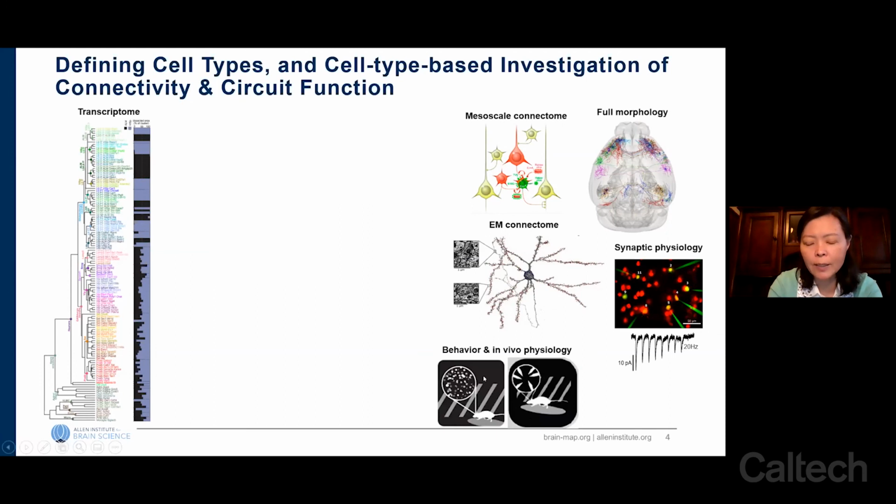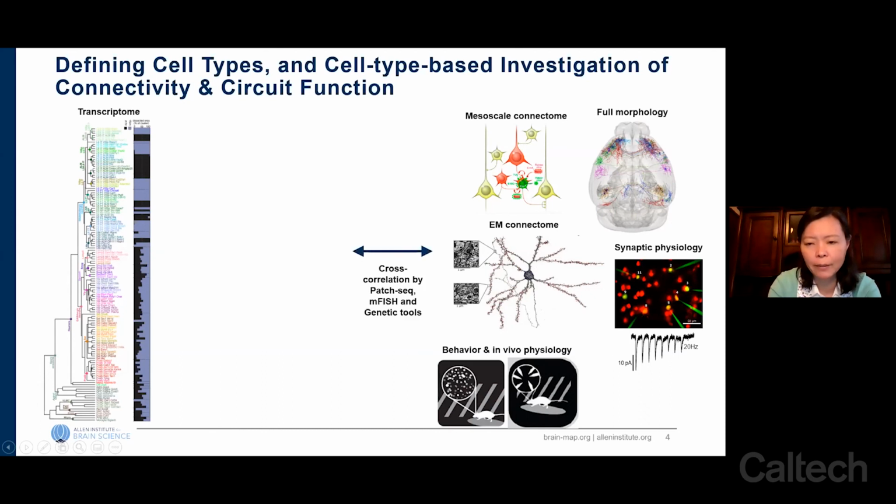We also study the in vivo properties of the different cell types in awake behaving animals, particularly in visually guided behaviors. So how do we bridge these two very different types of information?